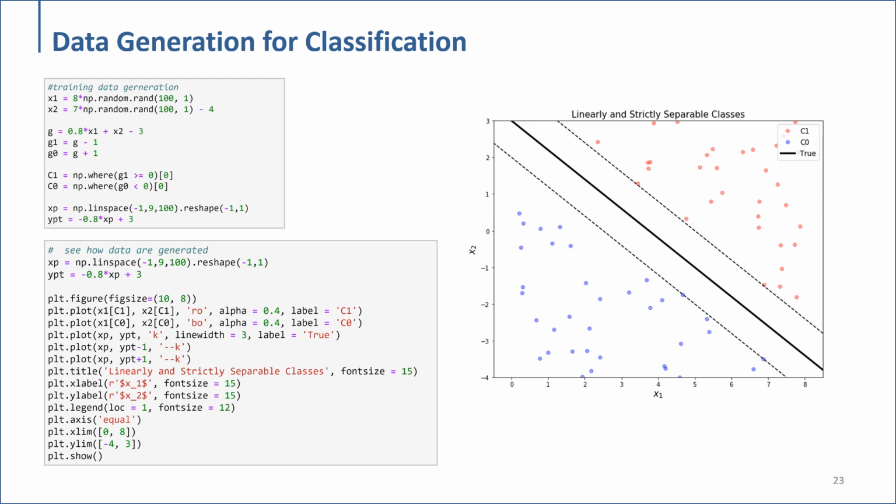Here we have data points indicated in red as C1, and the blue dots indicate the C0 class. By plotting this line, this one is the line for omega transpose x is equal to 0, and these two lines are the marginal space.